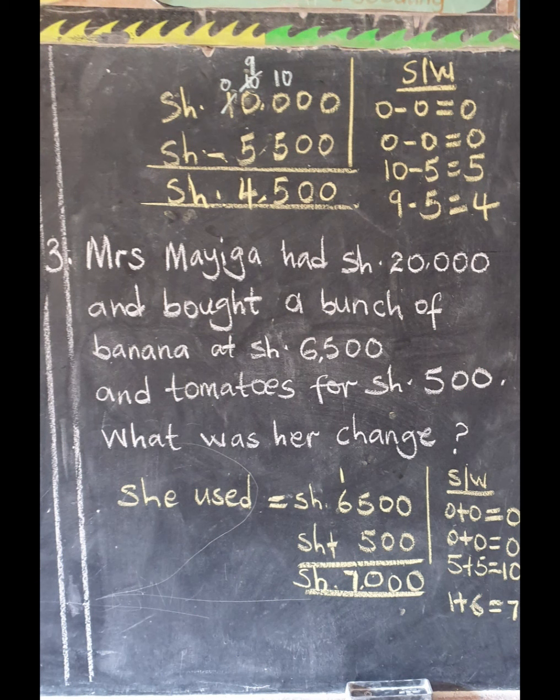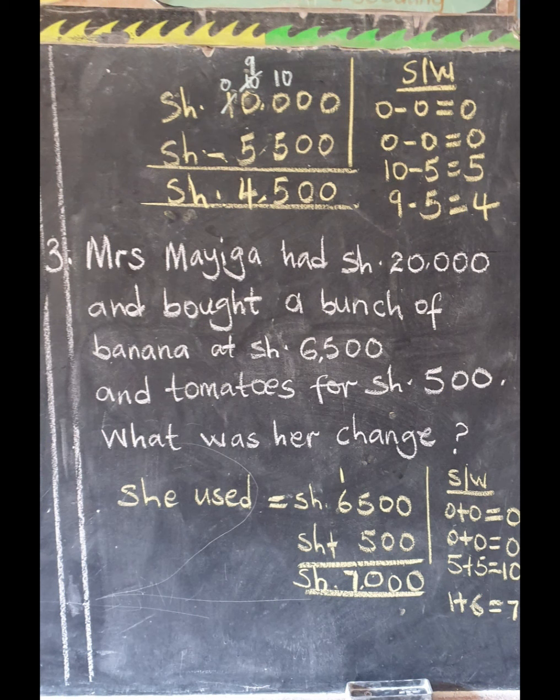Then 10 minus 5, we shall get 5. Then 9 minus 5, we shall get 4. Then here we remain with 0. So the answer will be 4,500 shillings. That one will be Naku's change.